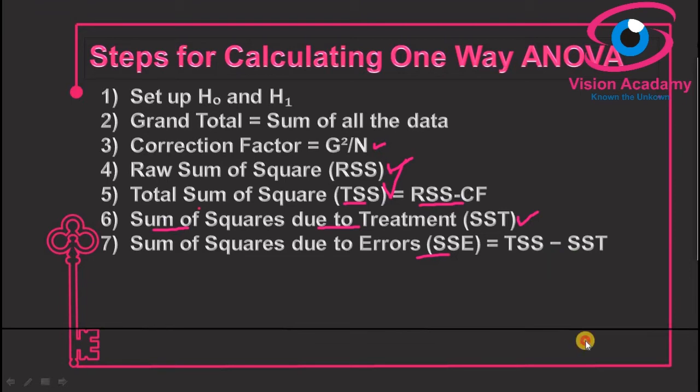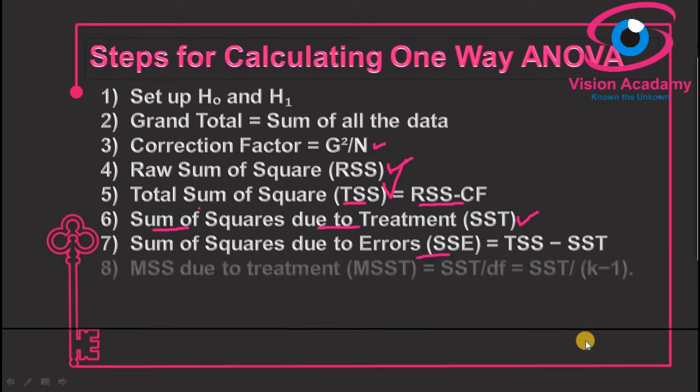After finding SSE, we need to go for one more step called MSST, that is the mean sum of squares due to treatment. The mean sum of squares due to treatment can be obtained by dividing SST by the degree of freedom. We found SST in the earlier step.